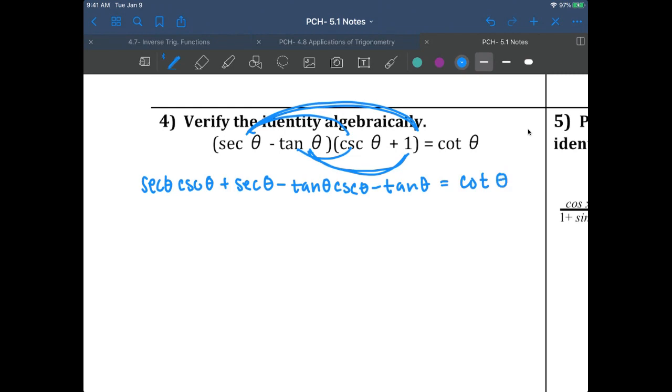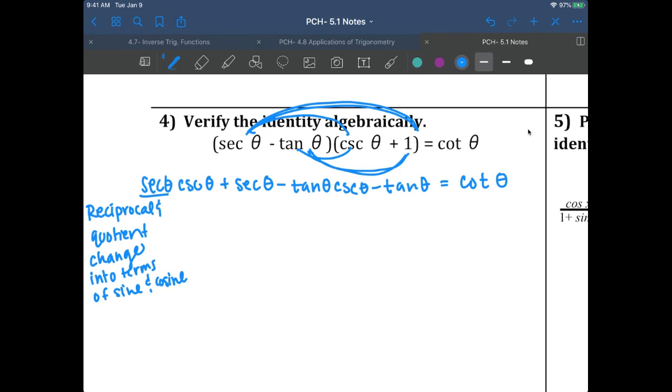And this is not that helpful for me because I have too many trig ratios here to work with. So we want to get the same type of trig ratios. So I'm going to use the reciprocal and quotient properties to change these trig identities into terms of sine and cosine. Okay, so how can I rewrite secant theta?